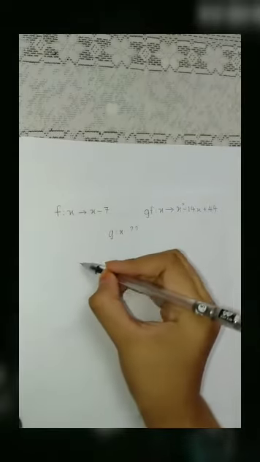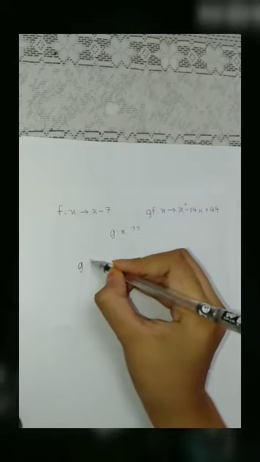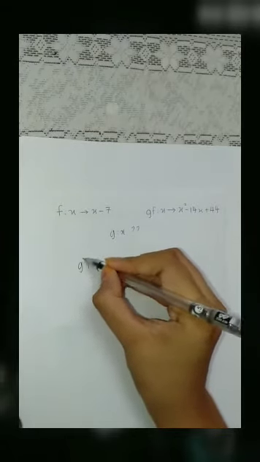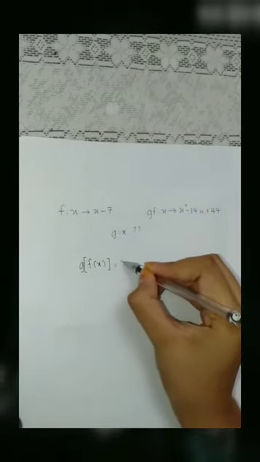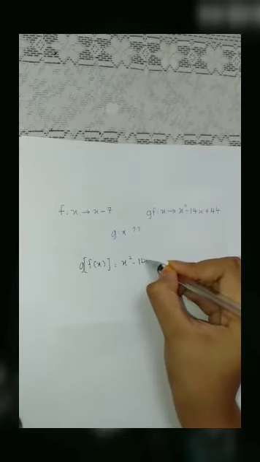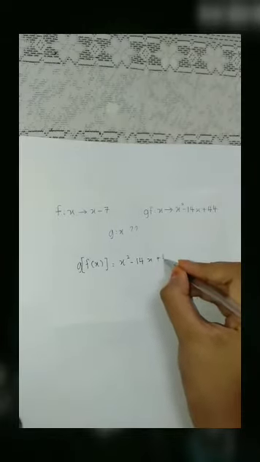So for this question, it is given that f(x) equals x minus 7 and g(f(x)) equals x squared minus 14x plus 44. So first write g(f(x)) equals x squared minus 14x plus 44.